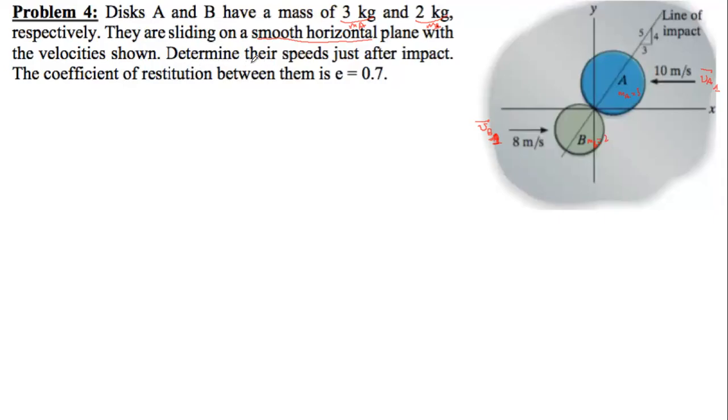Question: I want the speed just after impact, if the coefficient of restitution is 0.7. This is given here. And this is the line of impact, and this is a plane of contact, normal to the line of impact.